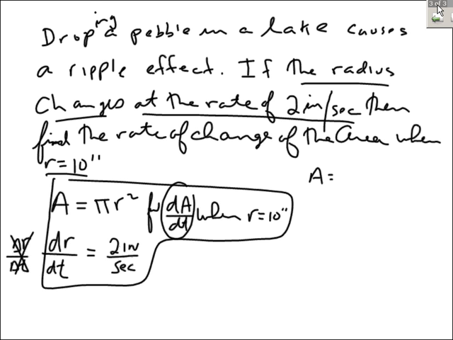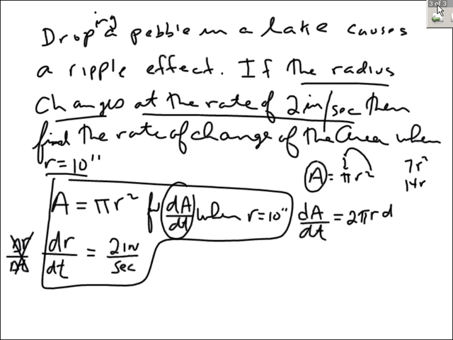We know A is equal to pi r squared. The derivative of A is 1, which I'm going to ignore, times, it's in terms of A, and we're doing it with respect to t or time. Derivative of the right side: pi is a constant. If I ask you for the derivative of 7r squared, you'd say 14r. So now you should say 2 pi r times, it's in terms of r, with respect to t.